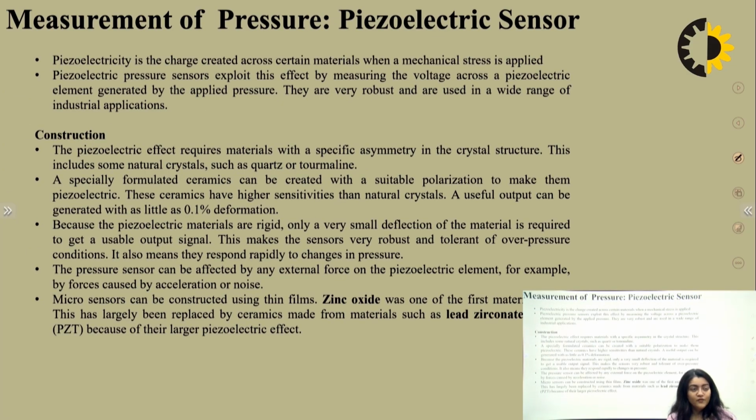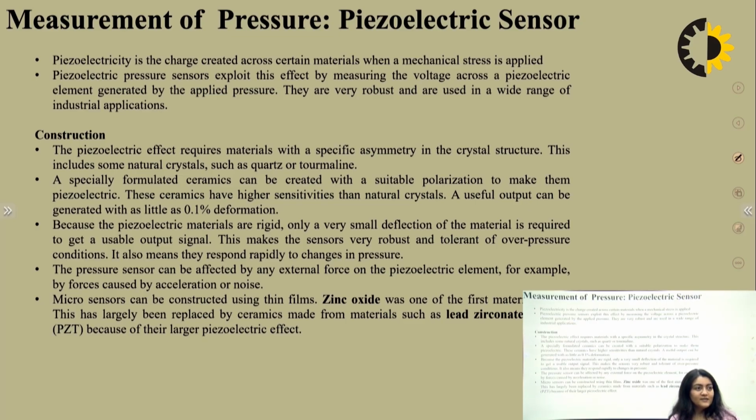Now, moving to the pressure part, for pressure we have the piezoelectric sensor. Piezoelectricity is the charge created across a certain material when mechanical stress is applied. I already told you the piezoelectric sensors are inverse transducers, or we can say they are active transducers or passive sensors.